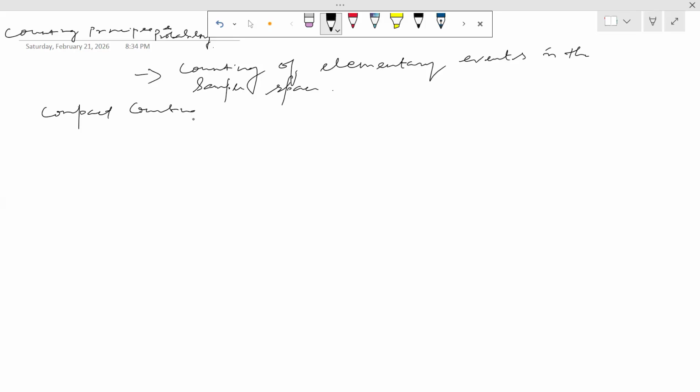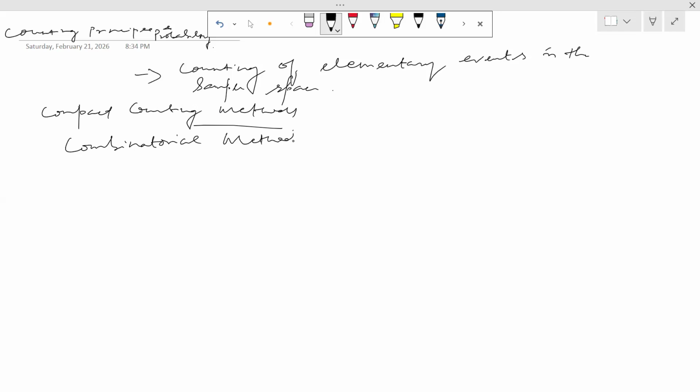These are known as combinatorial methods.